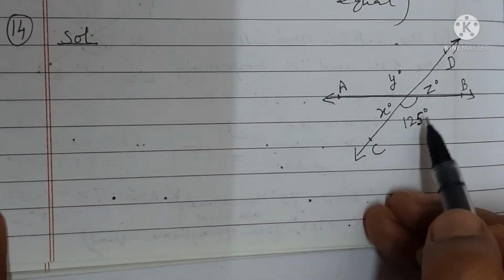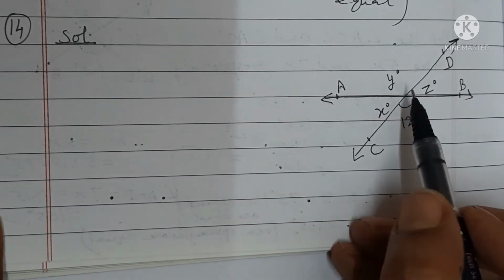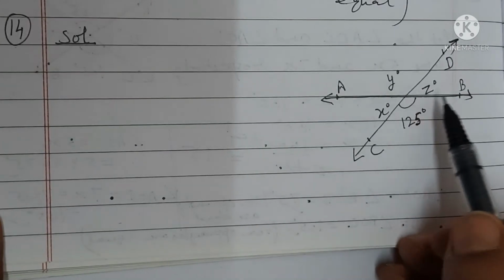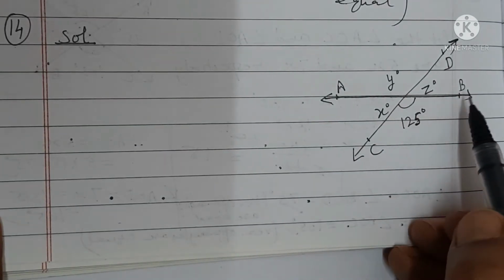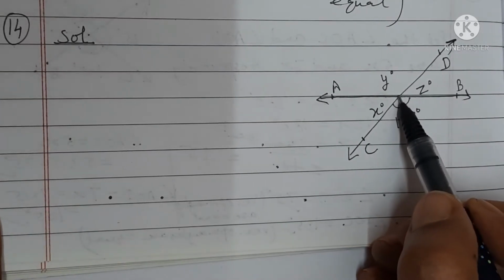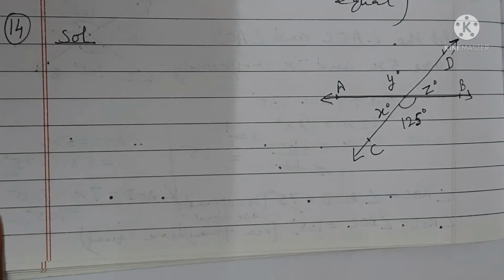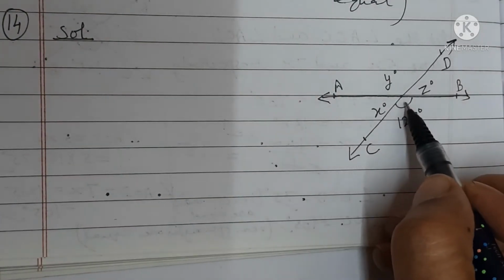Now see, these are straight lines and they form the angles X, Y, Z and 125 degree. So here angle B, and this is the point O. Yes, this is given.